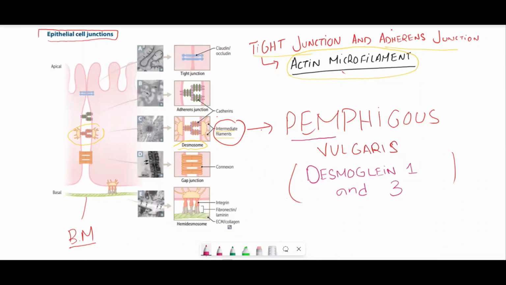Pemphigus vulgaris is basically an autoimmune disorder in which desmoglein 1 and 3 are damaged due to autoantibodies, and these desmogleins are an essential component of the desmosome.